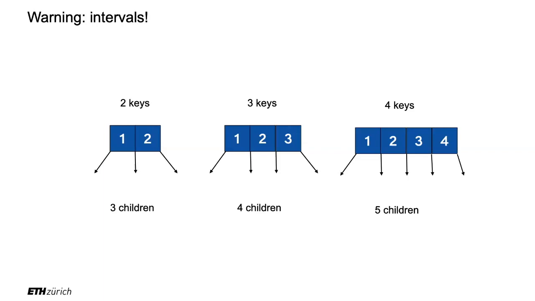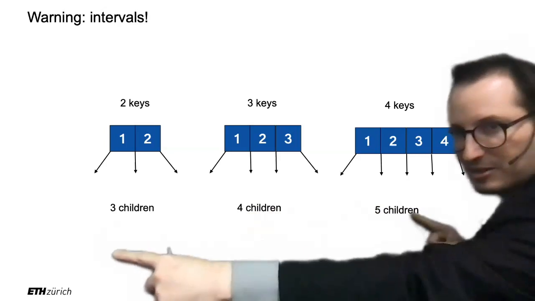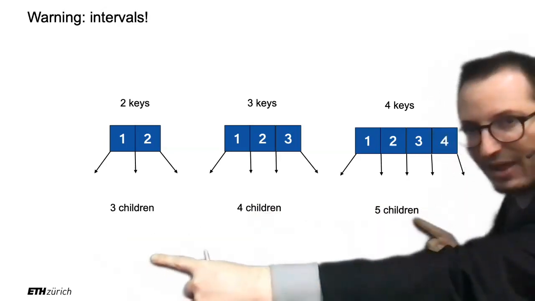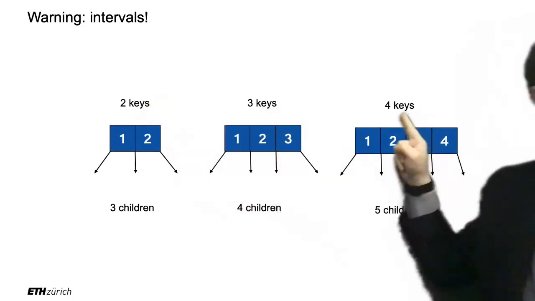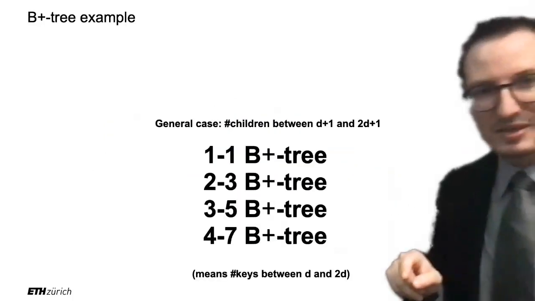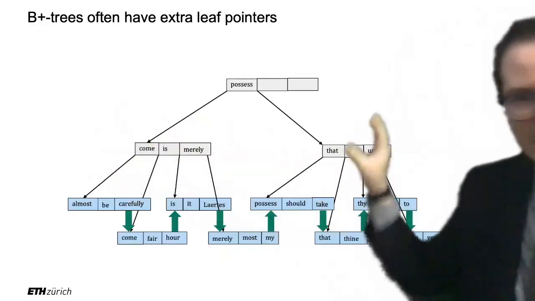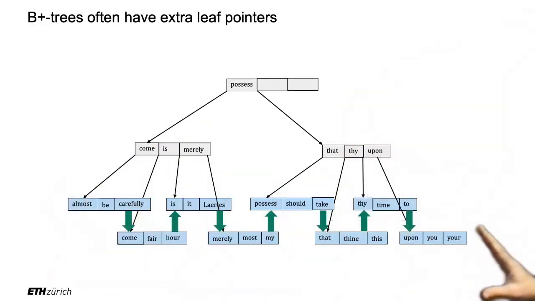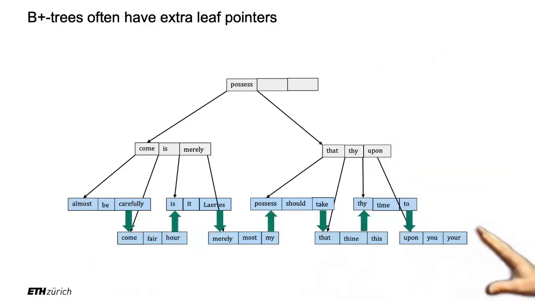So it means that, I hope you will agree, that if I tell you that my constraint for the tree is that I want between 3 and 5 children, so I'm in this interval, 3, 4, or 5, it immediately translates to the constraints that I have between 2 and 4 keys, right? So what I'm saying is that that constraint on the number of keys not only applies here, it also applies here, even though the leaves don't have children. But that constraint on the number of keys also applies here.